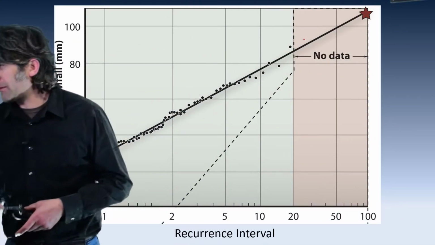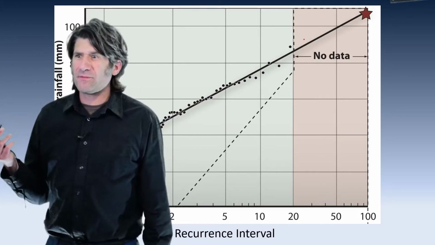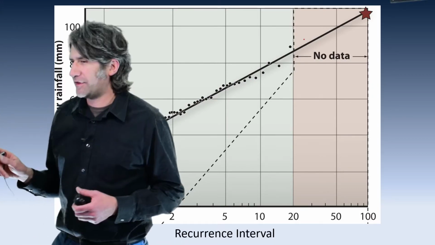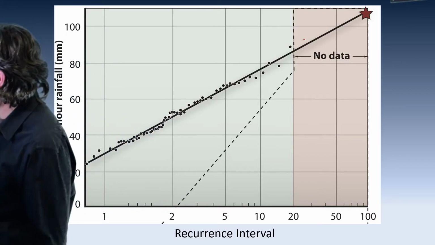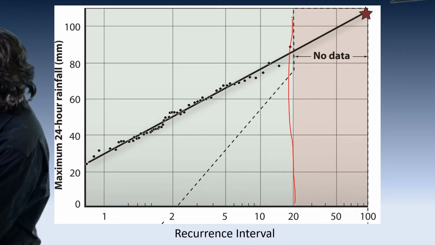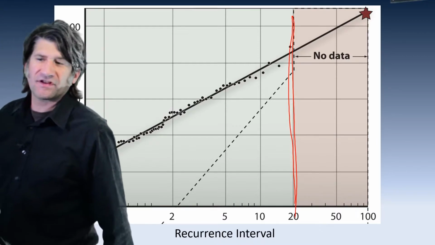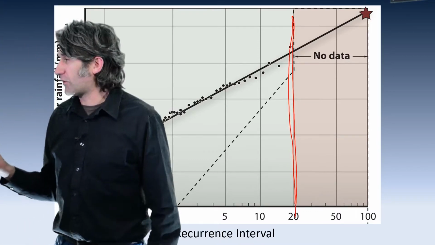The interesting thing about recurrence intervals is generally you start off by just making estimates based on the total number of observations you have. So in this case here, maybe we've made 20 years of observations, and so we can estimate what our recurrence interval is for a particular event based on those 20 years of data.